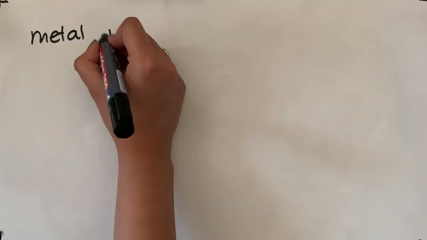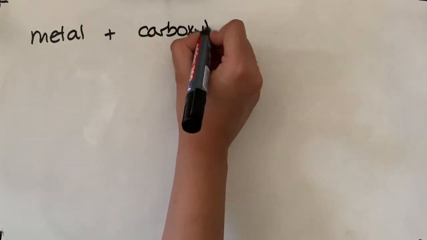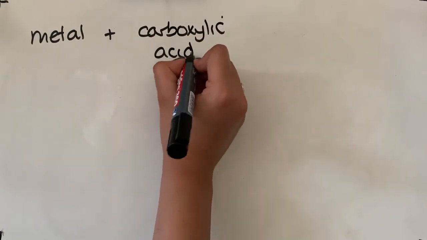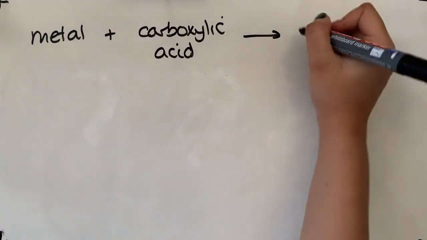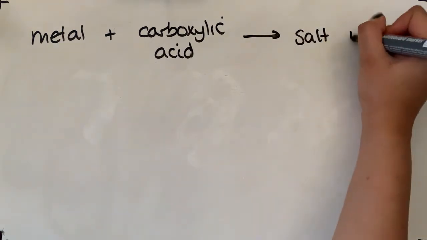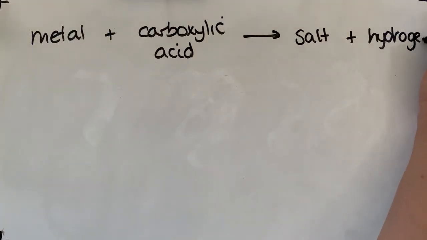So metal plus carboxylic acid. Metal plus acid will always form salt plus hydrogen. So it's going to form salt and hydrogen gas. That's the general word equation for this. Let's now have a look at an example.